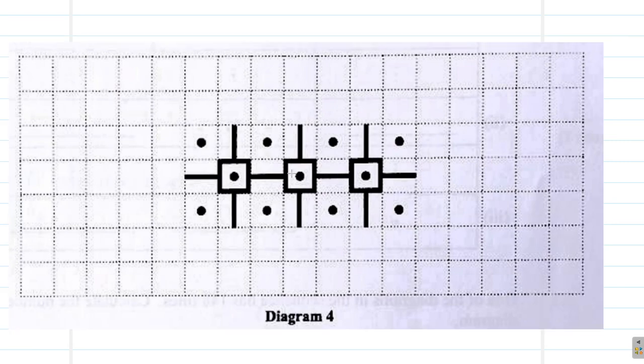So you are going to have a square here. In the middle of the square you have a line straight up and a line straight down, and then you have a line onto the side.